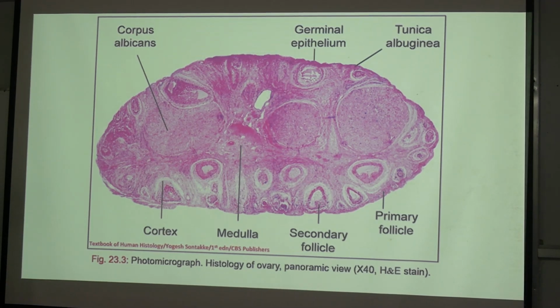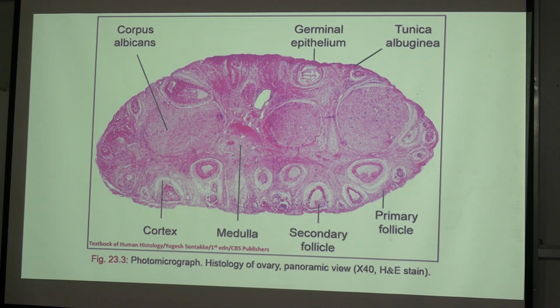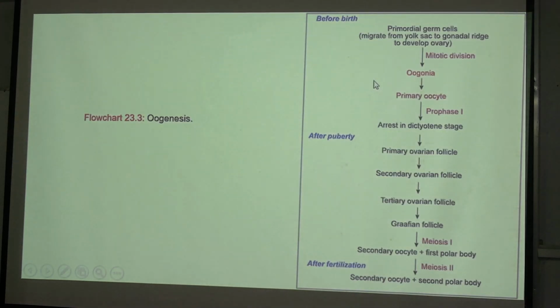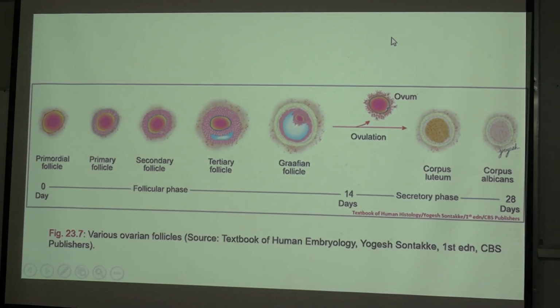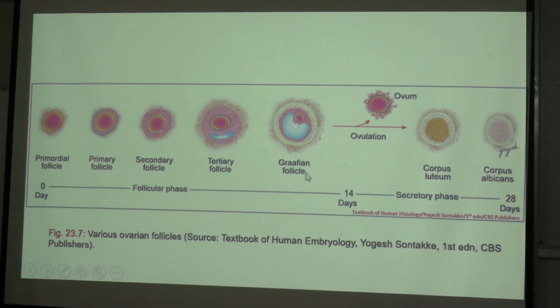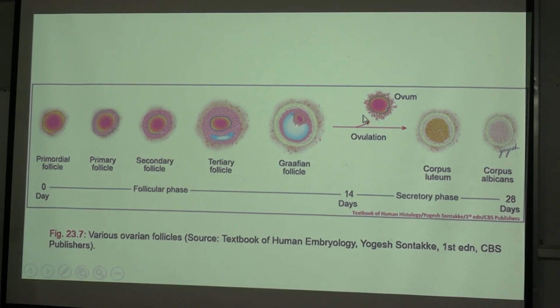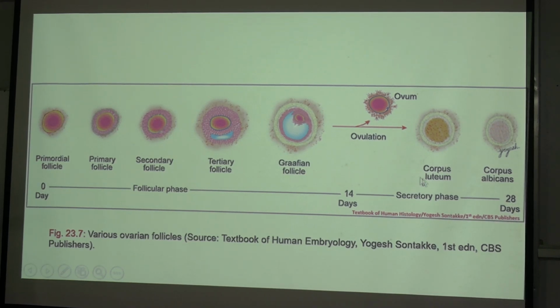All these phases can be seen as a cross sectional picture whenever you are examining the histology of the ovary. This is what you have to keep in mind regarding the follicular phase: from the primordial follicle to primary, secondary and tertiary follicle, which eventually matures into the Graafian follicle, which bursts open to release the ovum, and finally transforms into the corpus luteum, the hormone producing organ, then the corpus albicans as a scar tissue, and regresses out completely.